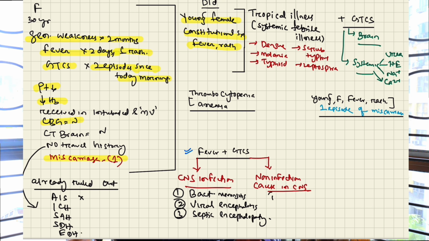What are the non-infectious causes that can cause problems in the CNS, particularly in a 30-year-old female? We can have cerebral venous sinus thrombosis. We can have posterior reversible encephalopathy syndrome, PRES, autoimmune encephalopathy.